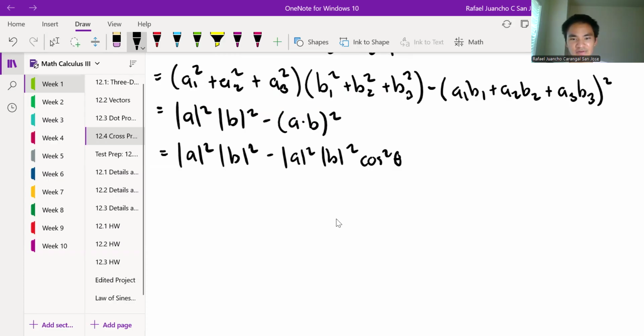I put in the squared already, so it's the length of A squared, length of B squared, cosine squared theta. That's the formula for the dot product if we want to get their angle.